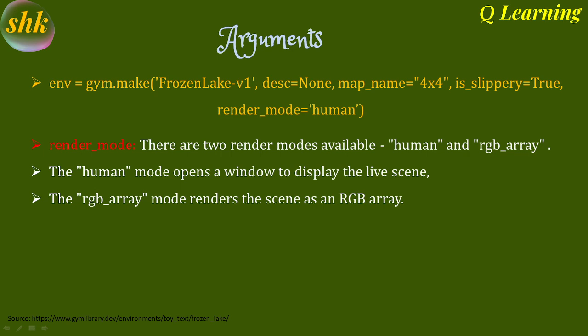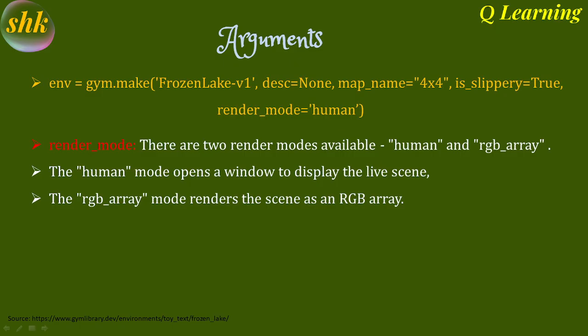The next argument we have is render_mode. For render mode we have two ways. One is human. The second is rgb_array. If the human mode is used, it opens a window to display the live scene for each and every episode, so we can visualize how the agent is moving.